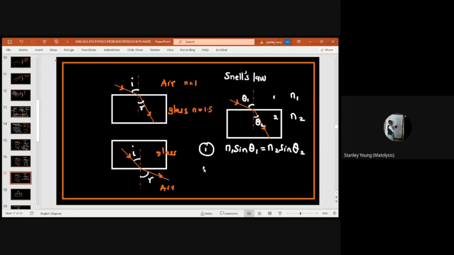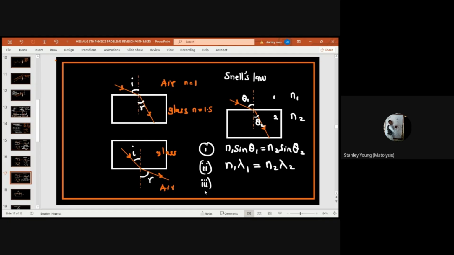And for the sake of quick solution, we have N1 lambda 1 equals N2 lambda 2, where lambda represents the wavelength of the wave. Lambda 1 means the wavelength of the wave in medium 1, and lambda 2 means the wavelength in medium 2. N1 and N2 simply mean the absolute refractive indices of the media.